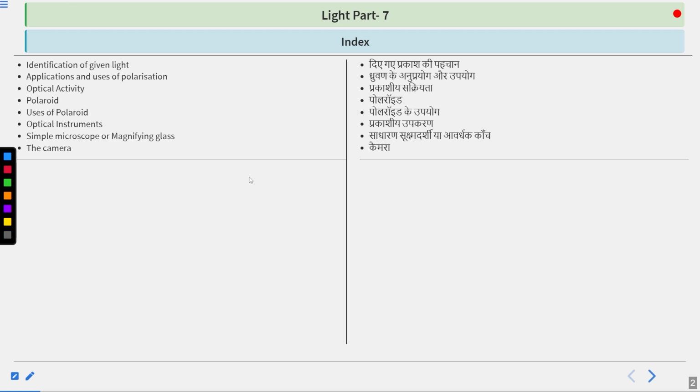So these things we are going to discuss here, starting with the identification of given light, applications and uses of polarization, optical activity, Polaroid, uses of Polaroid, optical instruments, simple microscope or magnifying glass, and the camera. So this is going to be a very informative lecture, so please be attentive here.